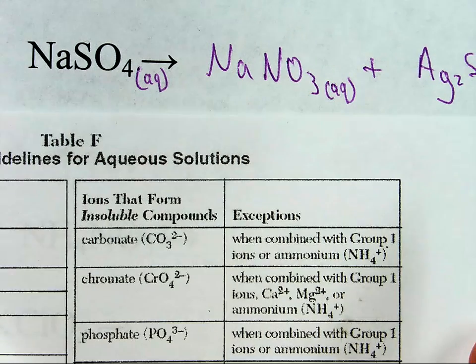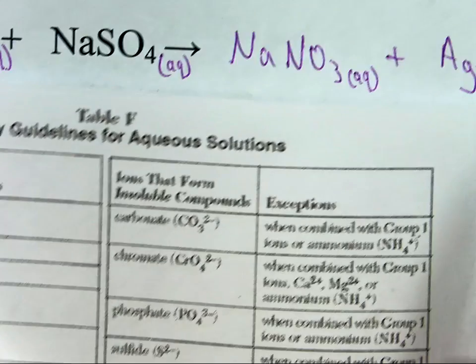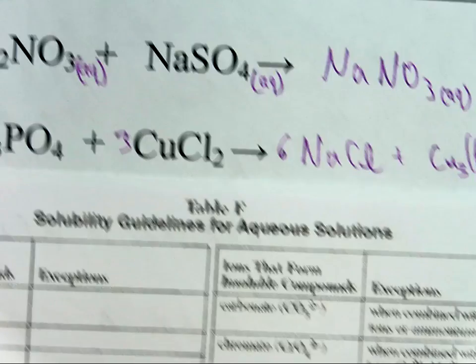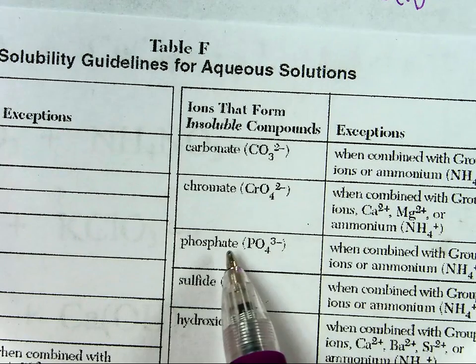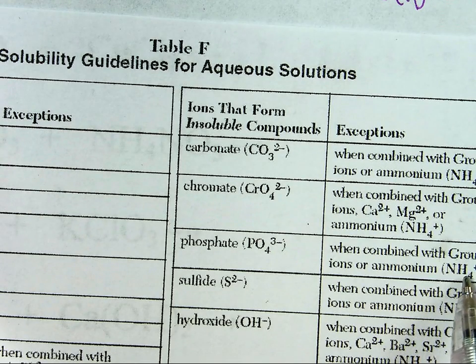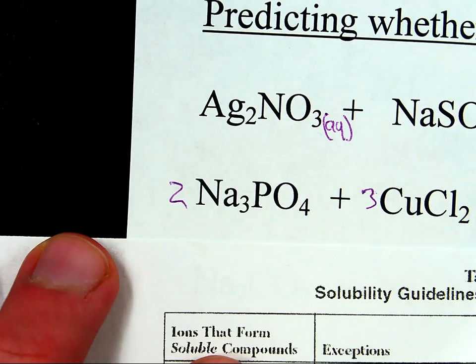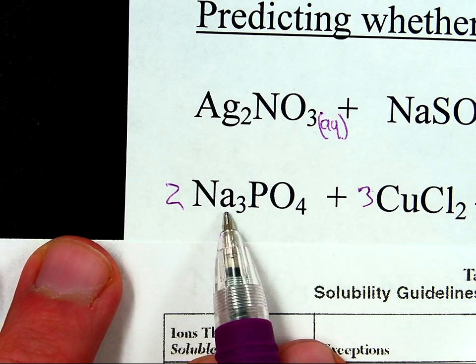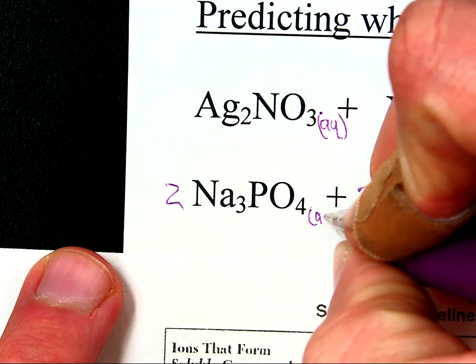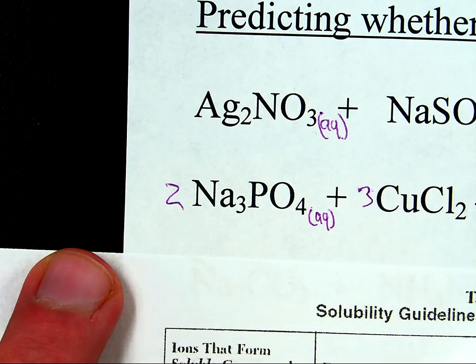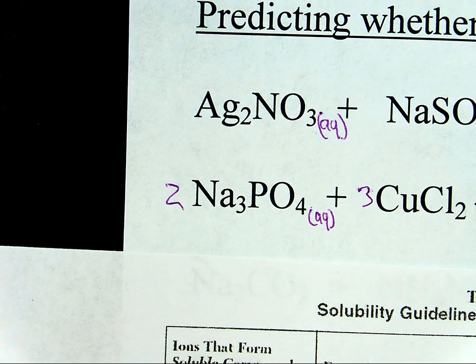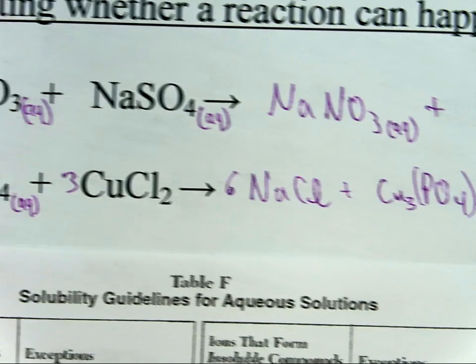So, basically what this table is telling me is that phosphates won't dissolve in water unless they're with a group 1 or ammonium, and this is a phosphate with a group 1. Therefore, it dissolves in water, therefore it is AQ. Let's look at the other phosphate while we're at it.